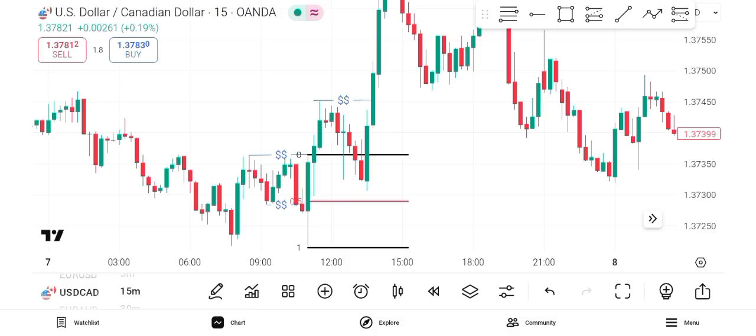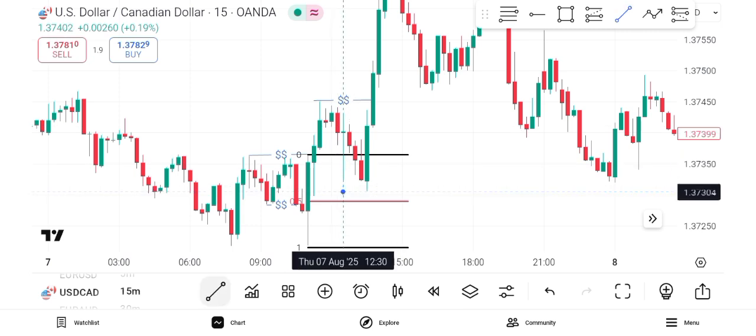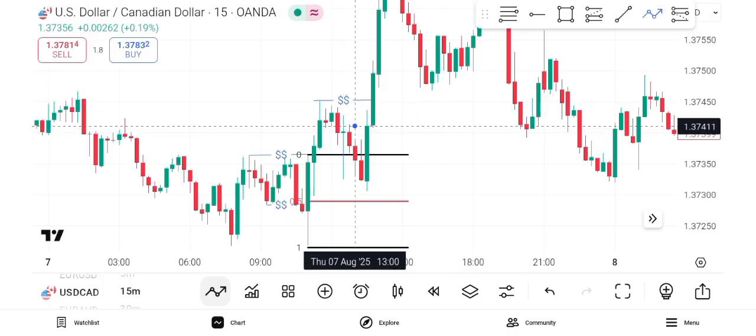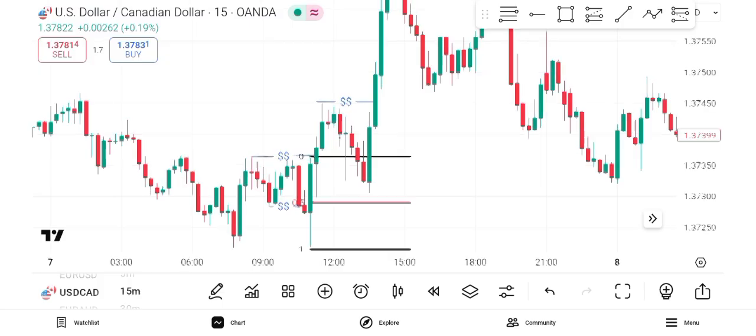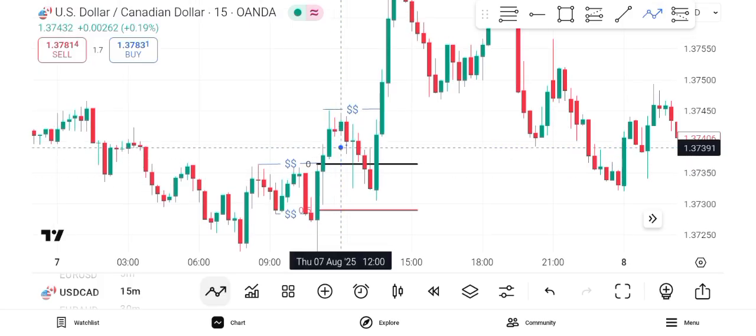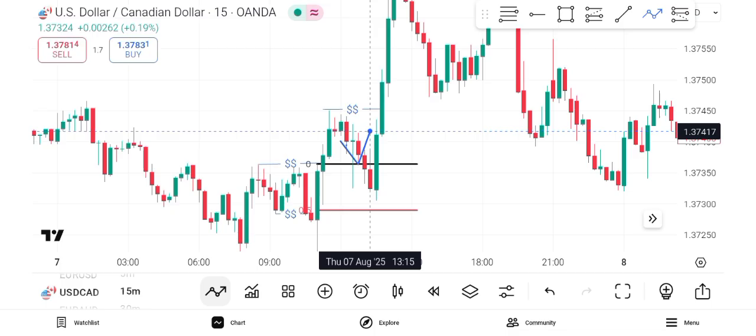Anything above the 0.5 is a liquidity. But the last one, your structural liquidity, must fall under that 50%, and it must be somewhere around this place. It must not be here. It must not be something like this. Let me show you. The structural liquidity must not be something around this place. It must not be on this candle like this, and you don't call this one valid structural liquidity.